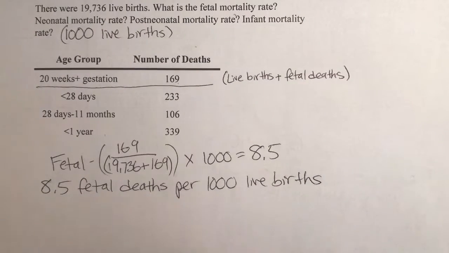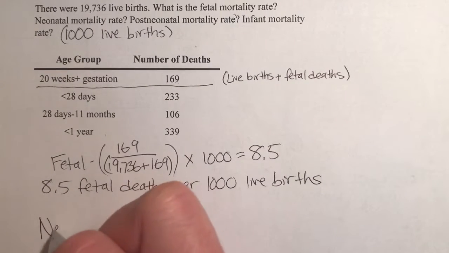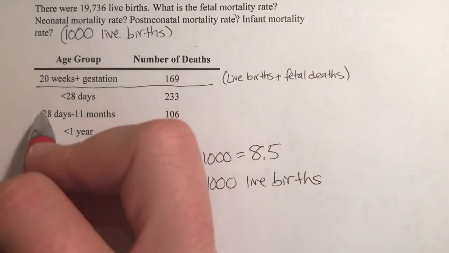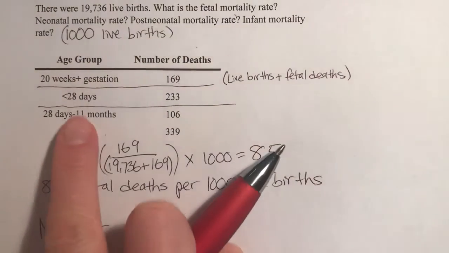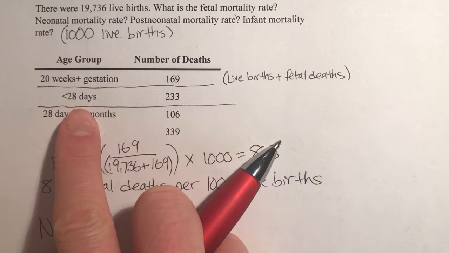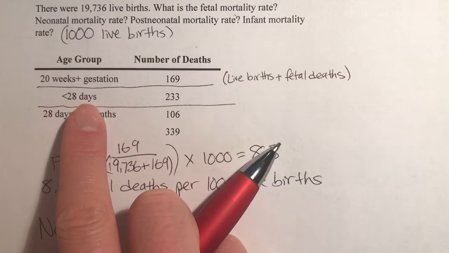Moving on to our neonatal mortality rate. Neonatal is interested in babies that die at a very, very young age, very early in their life. So we are only interested in those deaths that occur less than 28 days of age, basically the first month of being alive.